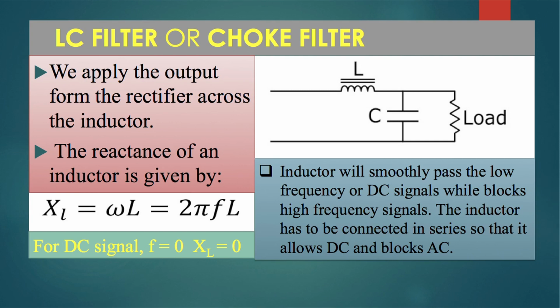So that is why the inductor has to be connected in series so that it allows DC and blocks the AC. As a result, the inductor filters out the majority of the alternating current component, and the remaining alternating current component is now bypassed by the capacitor due to its low reactance for the alternating current.